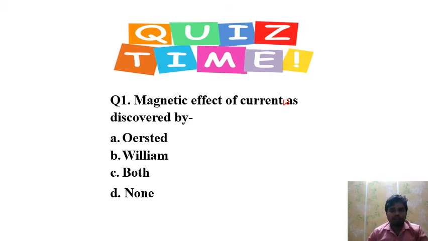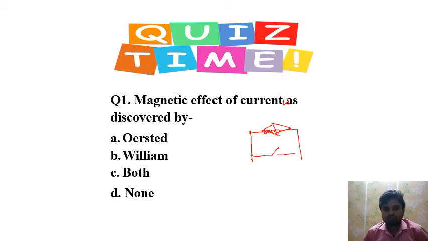Who discovered the magnetic effect in a closed circuit? Yes, students. So the correct answer will be Ørsted.